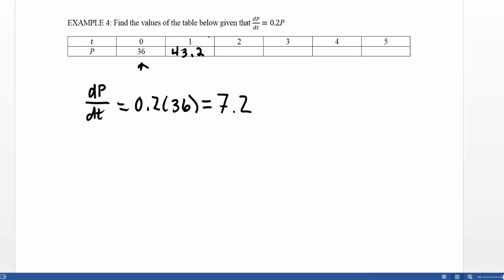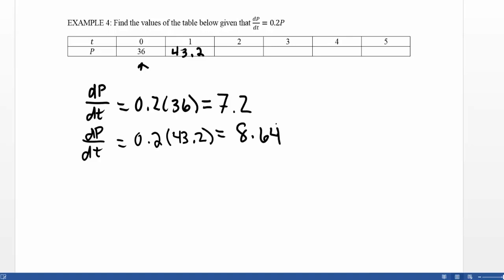So how do we go from 1 to 2? Well, again, we need to figure out how much our function changes based on the current dependent value. So 0.2 times 43.2, that's going to give us 8.64. So again, since the change is positive, I'm going to add that to 43.2.